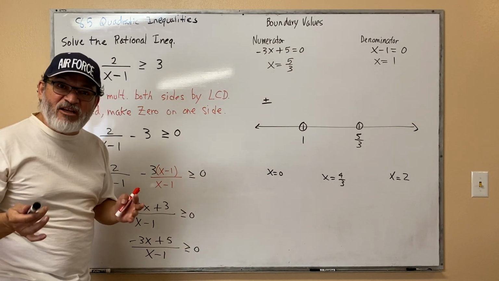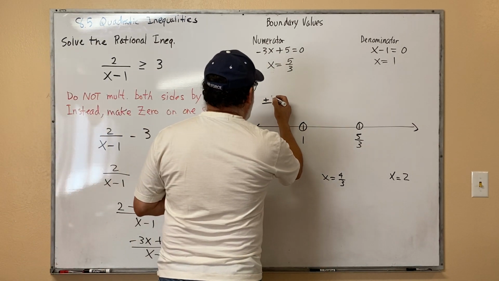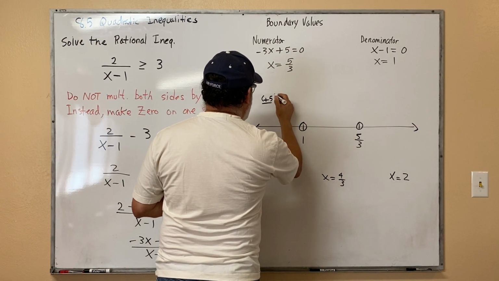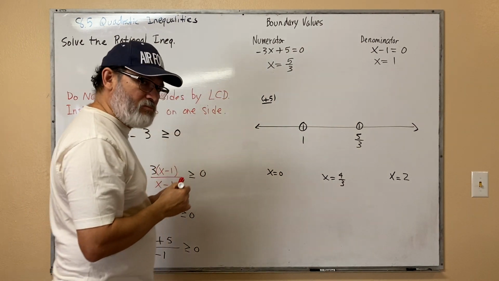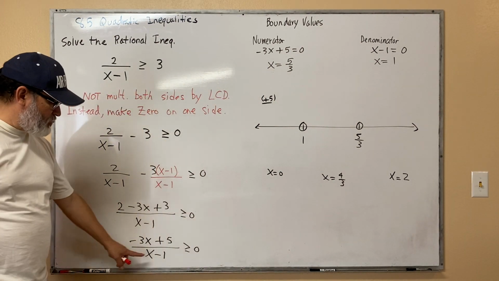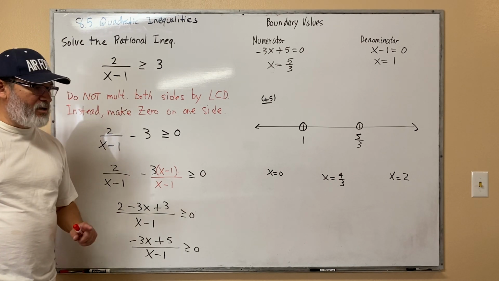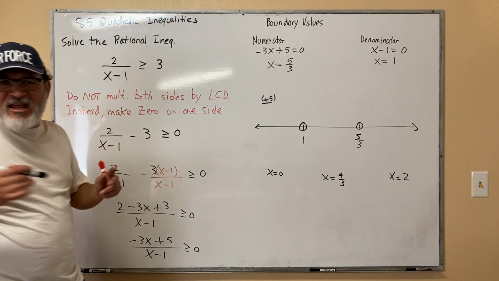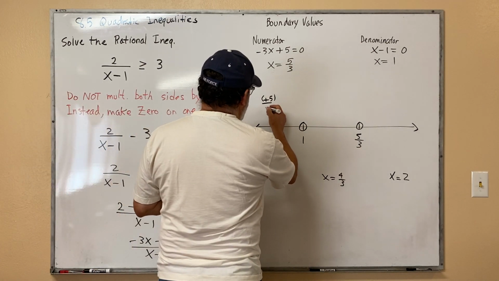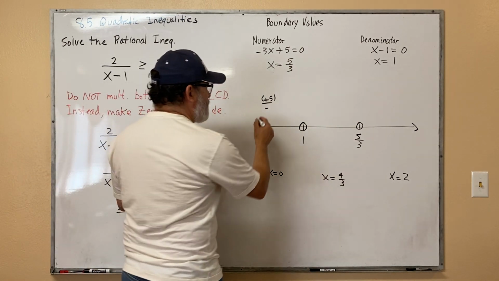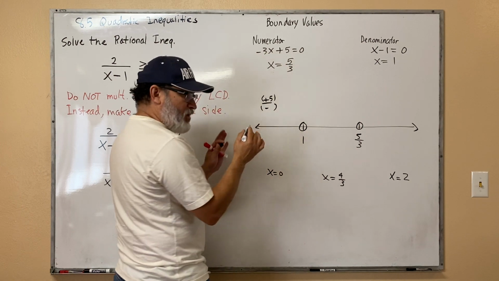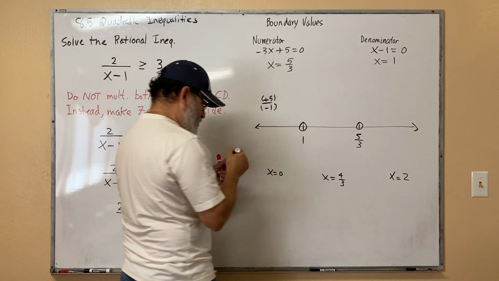Plug a 0 there. What's 0 minus 1? That's negative 1. You could just say negative, but if you want to say negative 1, you can.